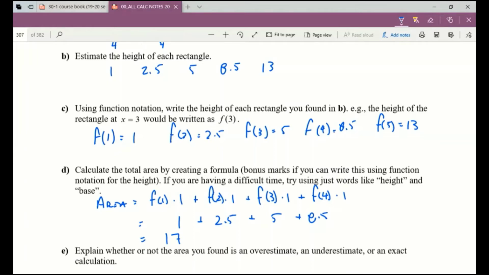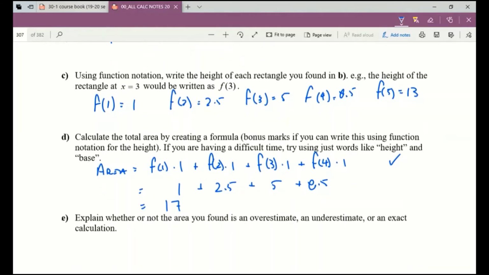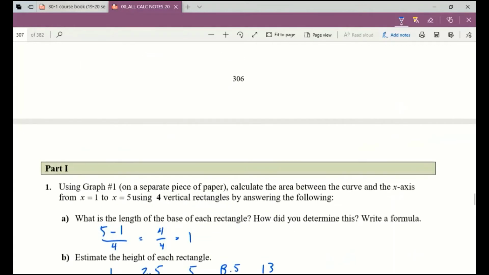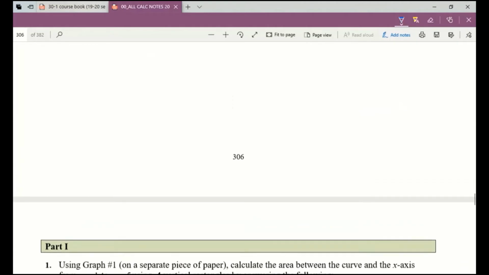So the important part of this is realizing that the height of the curve for each of these rectangles is going to be the height of each of these individual rectangles. And then in part E it says explain whether or not the area you found is an overestimate, an underestimate, or an exact calculation.